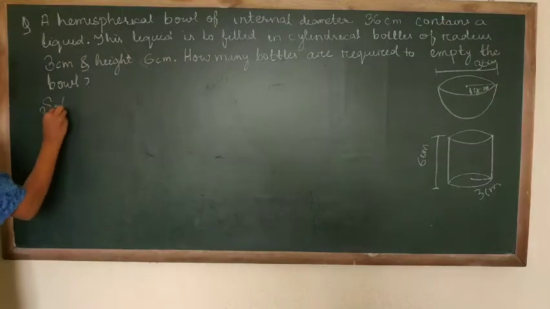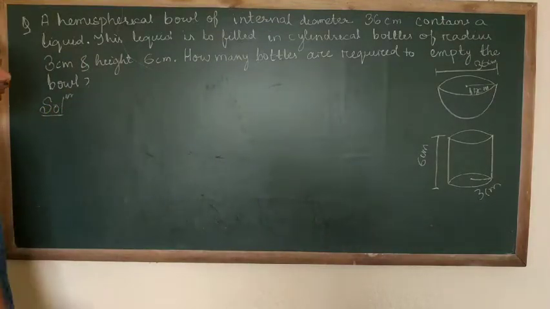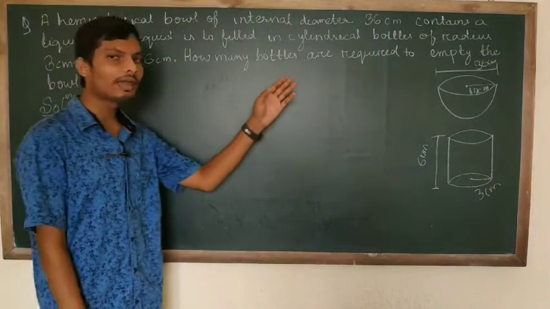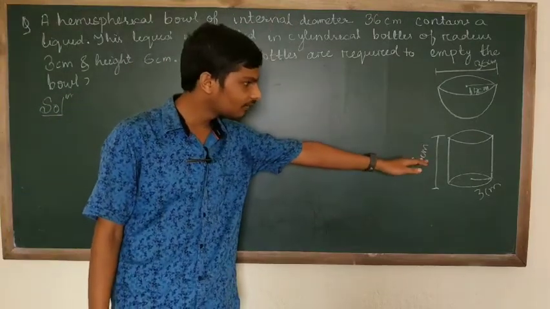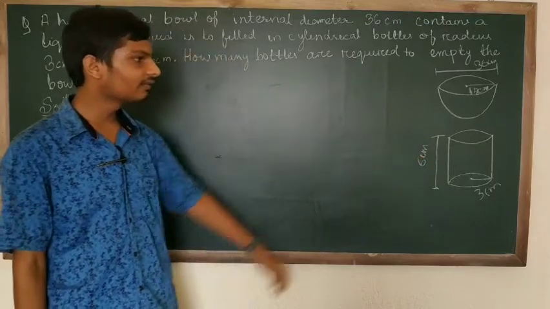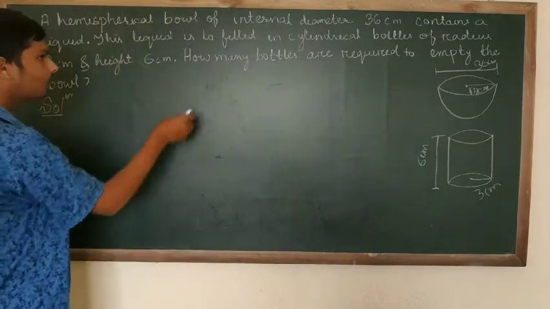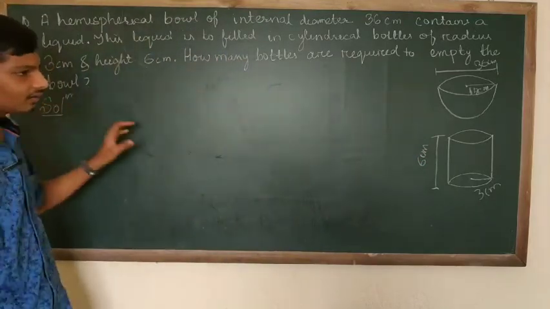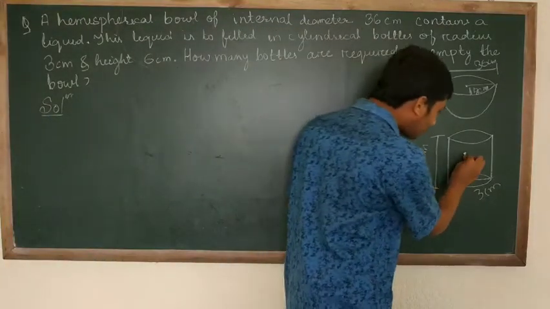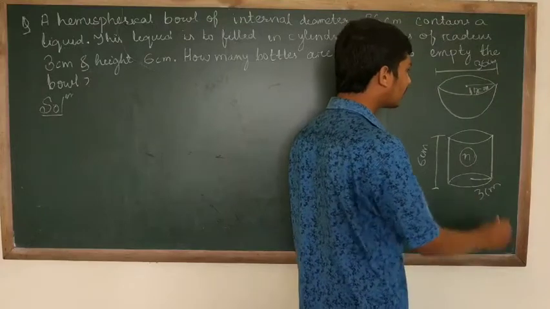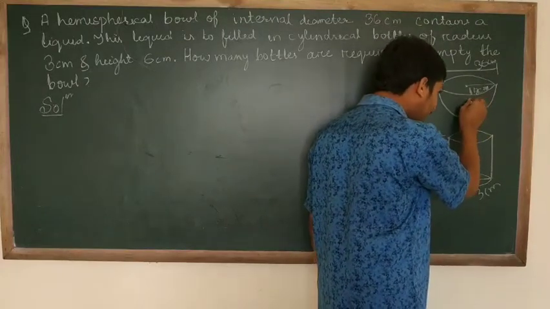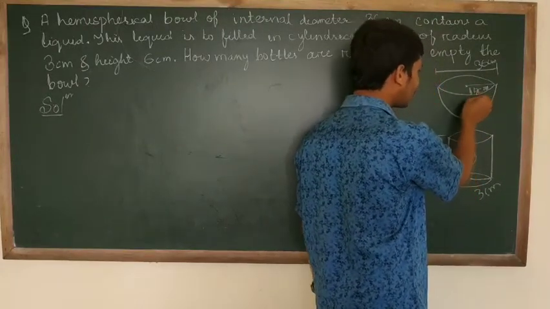So what will be the solution? We have to find the volume. As we are filling the liquid into this cylindrical shaped bottle, we have to find the volume of both. Suppose n number of cylindrical shaped bottles is required to empty this one.